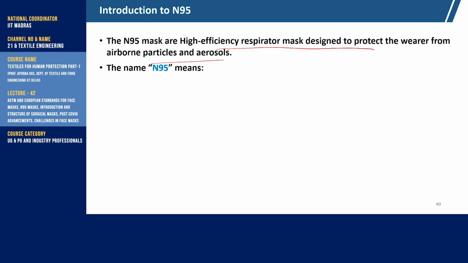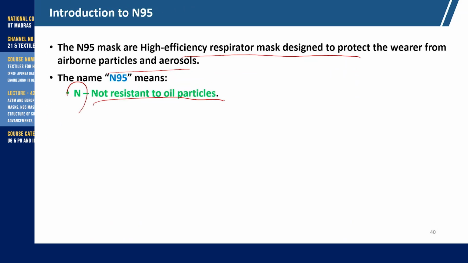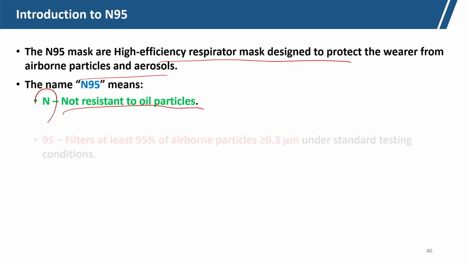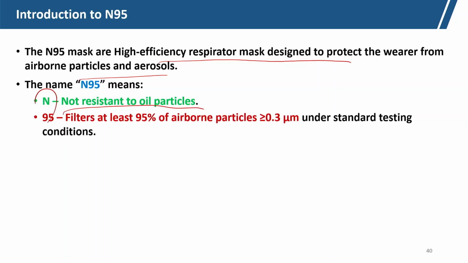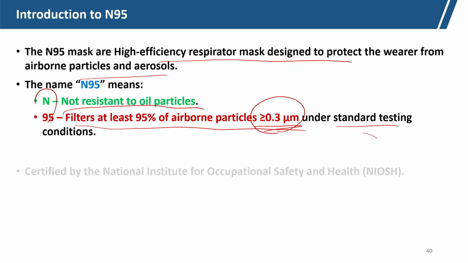N means it is not resistant to oil particles, as we have already mentioned, and 95 means it can filter out 95% of particles of 0.3 micron or larger under standard testing conditions.